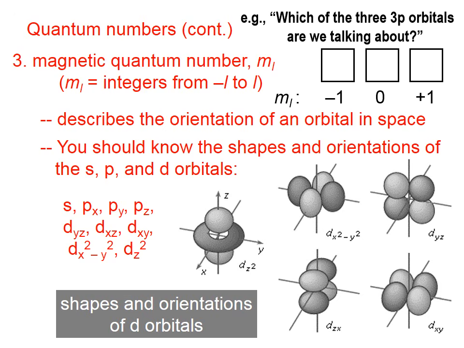So when we're talking about the magnetic quantum number, we're essentially asking a question something like, which of the 3p orbitals are we talking about?